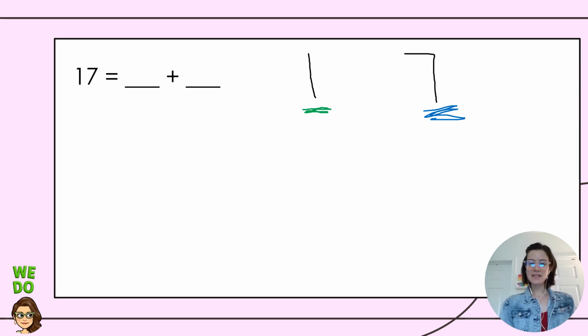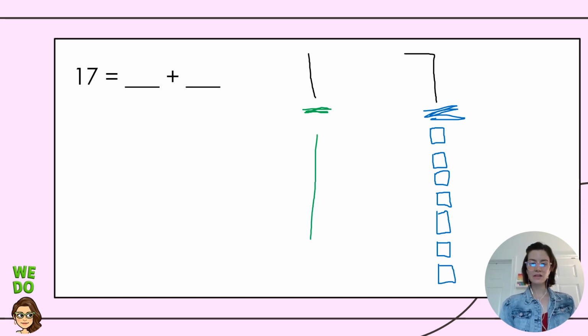So let's go ahead and draw 7 ones. 1, 2, 3, 4, 5, 6, 7. And then we have how many tens?